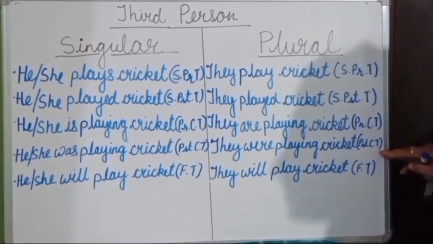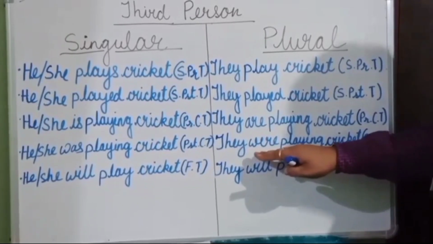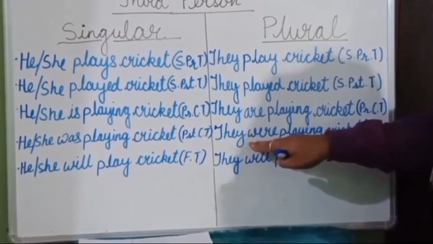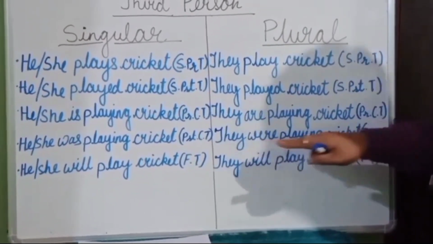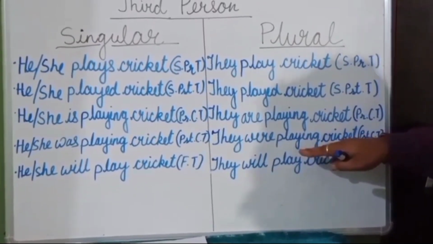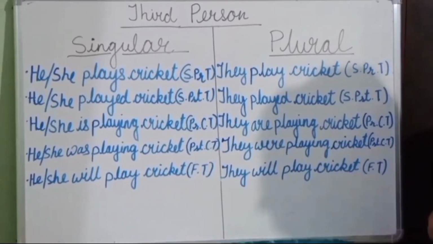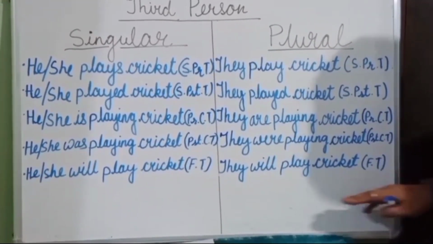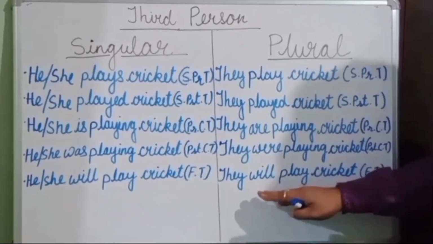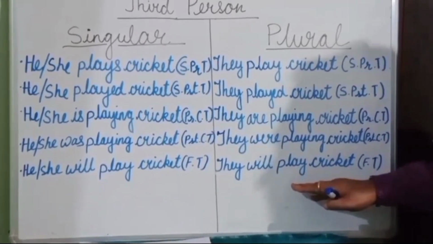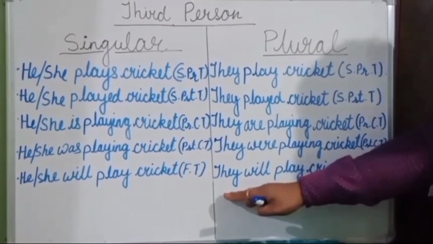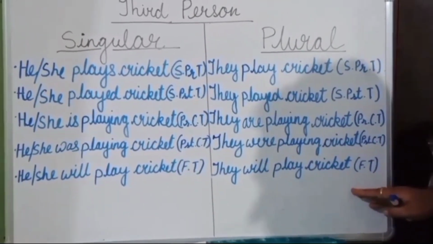In past continuous tense, we will use the auxiliary verb were and fourth form of verb. They were playing cricket. In future tense, we will use the auxiliary verb will along with the first form of verb. They will play cricket.